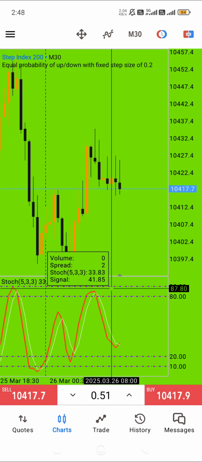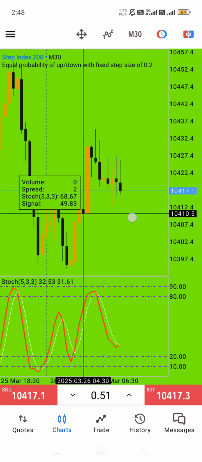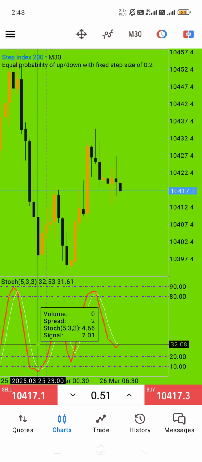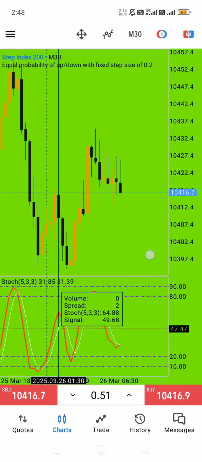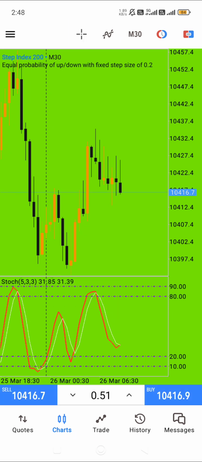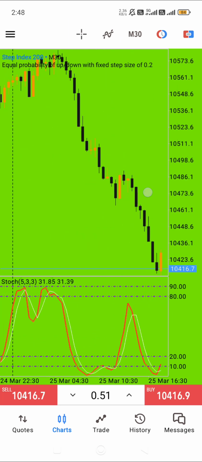As well as the market, same thing here, the 10 and 20 both lines cross both lines and go to upside, then downside. Okay, here.